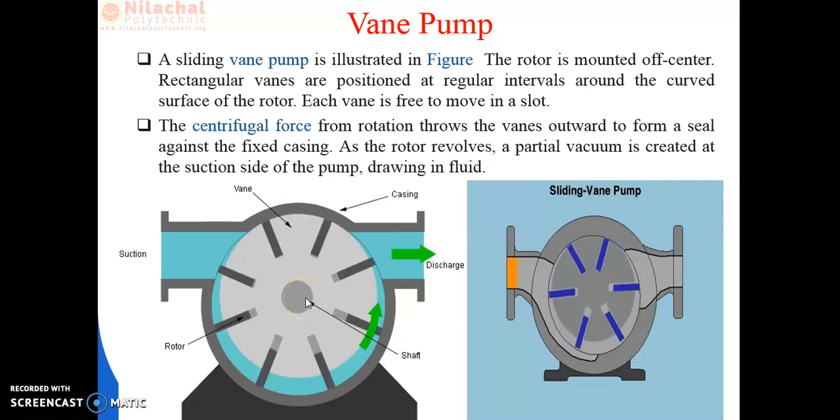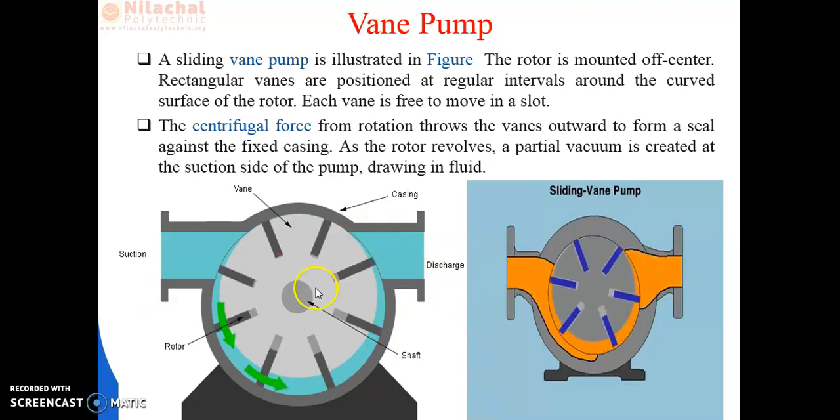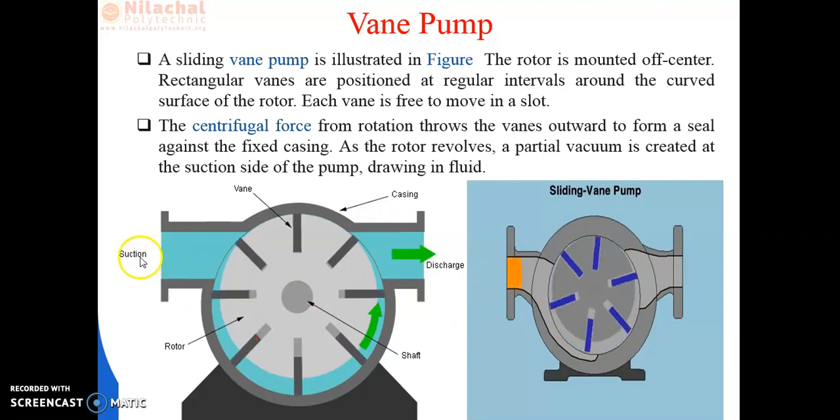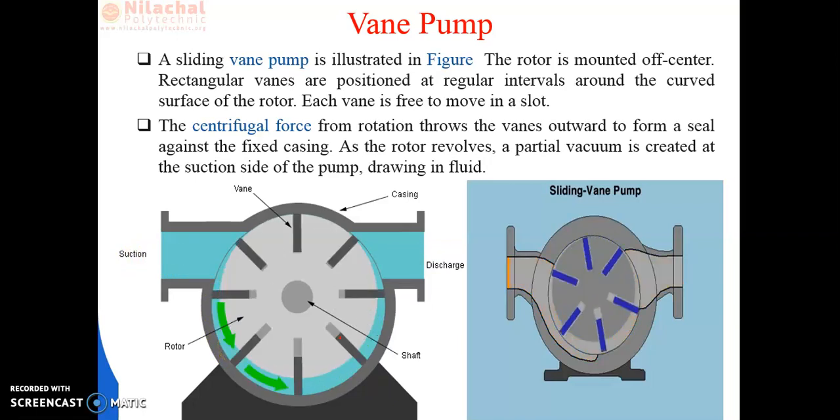The shaft is mounted eccentrically inside the casing of the pump. And why is this so? While the liquid is entering the casing during suction, we have to create an increase in pressure.